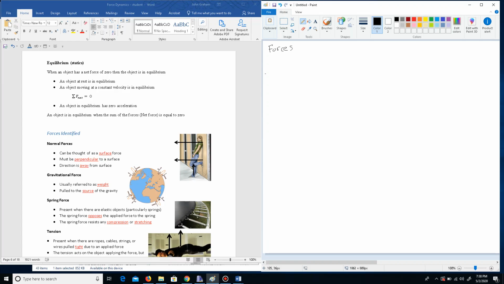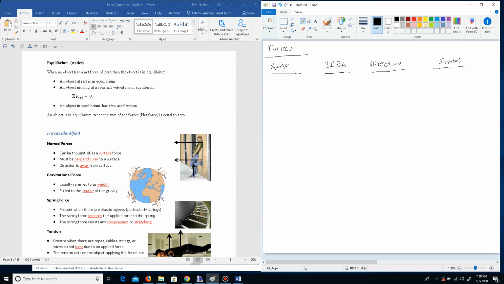Some of them have more than one, and it doesn't matter which one you use. I'll use a few of them. So we're going to start with the name, and then the idea behind it, then the direction, and then the symbol.